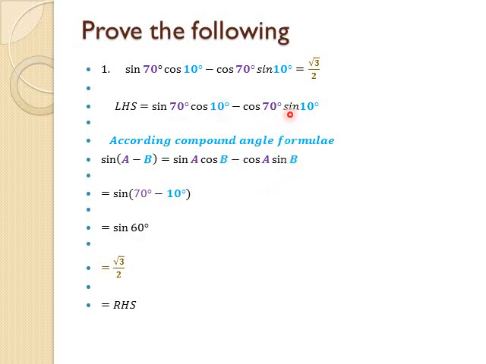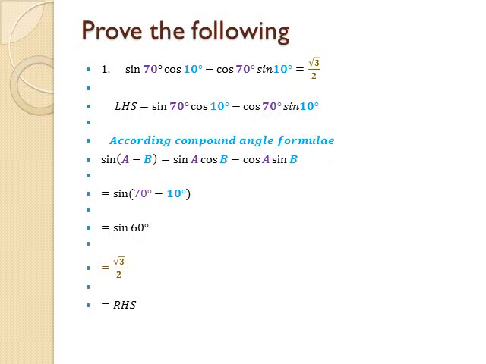So I can take this and reduce it to A minus B. So that simply becomes sine 70 minus 10. Gives me sine of 60 degrees, which, as a special angle, is square root 3 over 2, which then equals my right hand side.